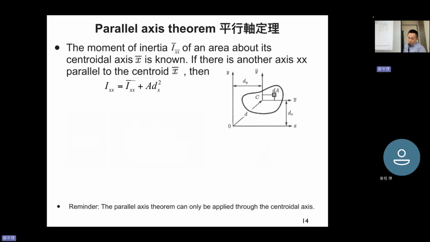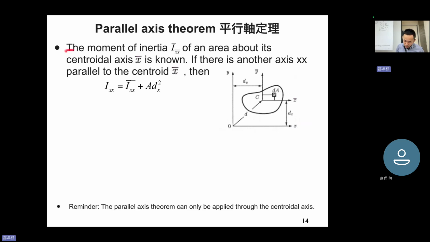So next one is the parallel axis theorem. This cross section does not necessarily rotate about the centroid or rotate about the edge axis. So you need to learn this parallel axis theorem to move your rotation axis.